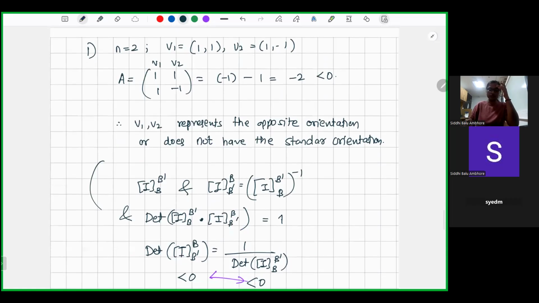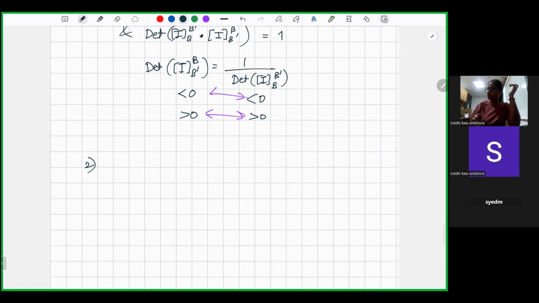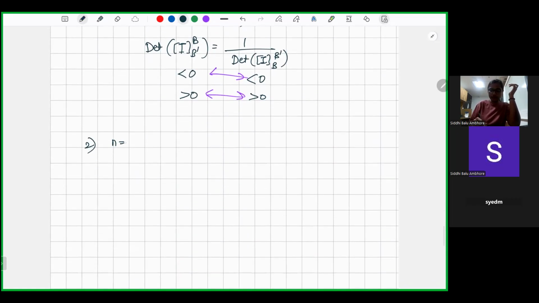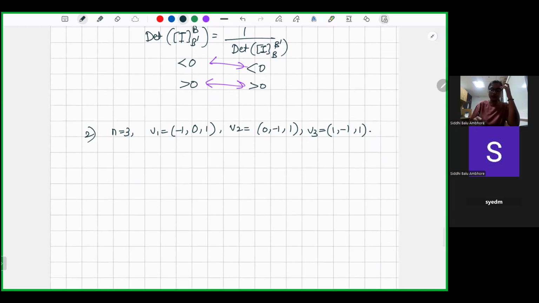Okay, so that's it. The second question was n is equal to 3, and we will be doing the same thing. V1 is minus 1, 0, 1. V2 is 0, minus 1, 1. And V3 is 1, minus 1, 1. Then the determinant of A will be the determinant of this matrix, right? Minus 1, 0, 1.